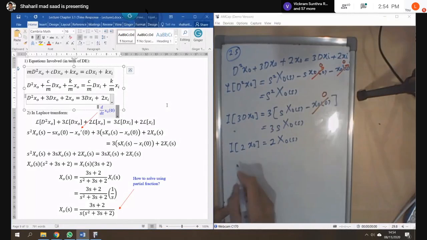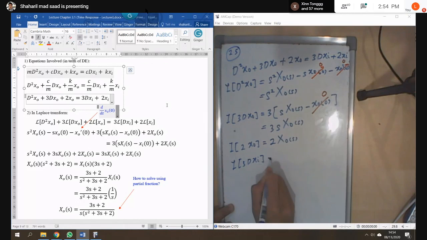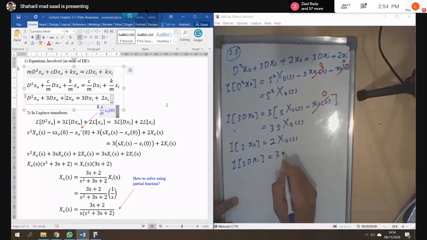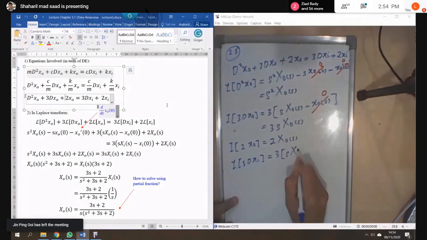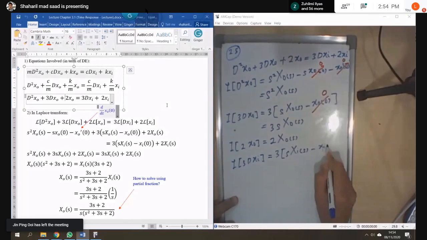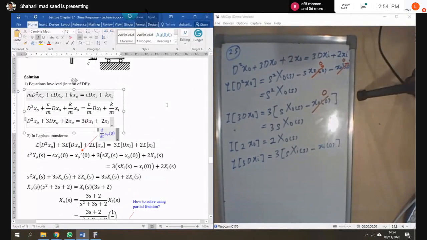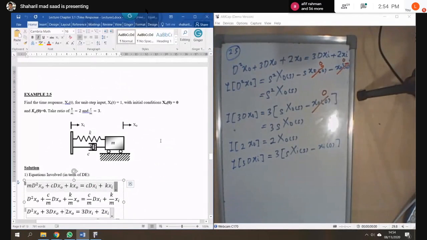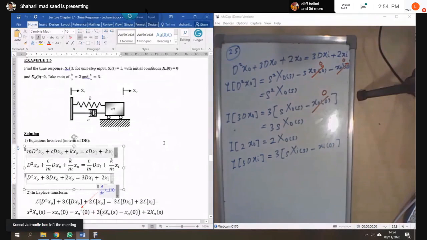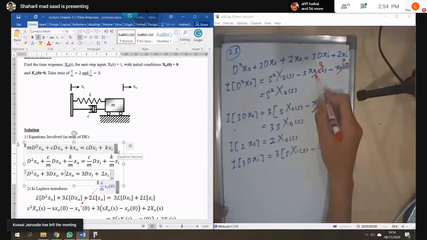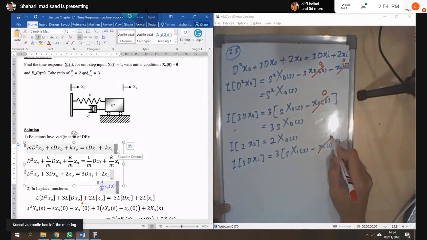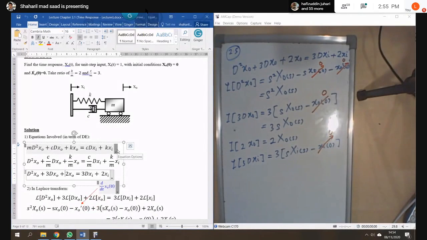And then you Laplace 3Dxi. So you got 3s xi of s minus xi at 0. So xi at 0 is not given to you, but because x naught at 0 is 0, the input also you can take as 0.